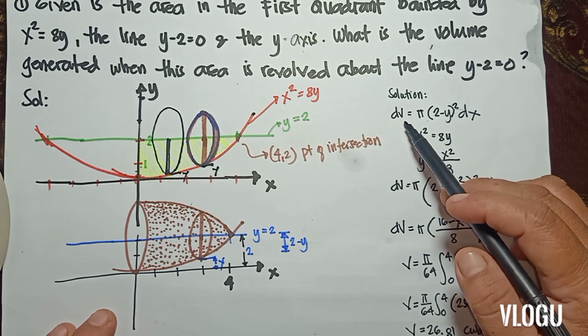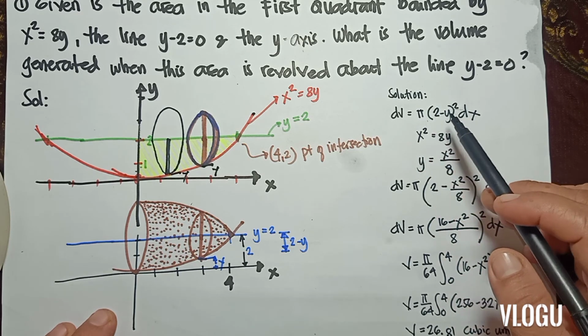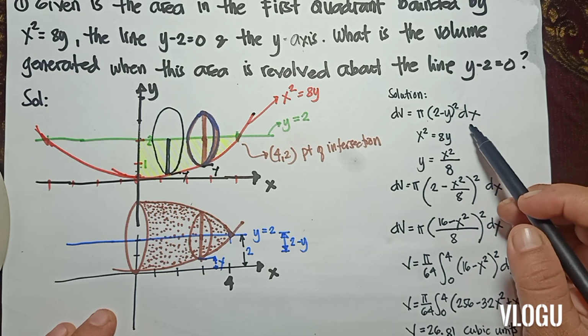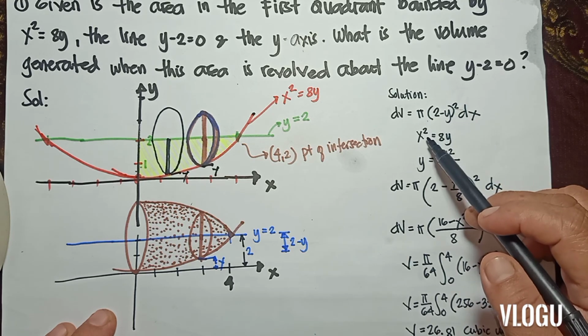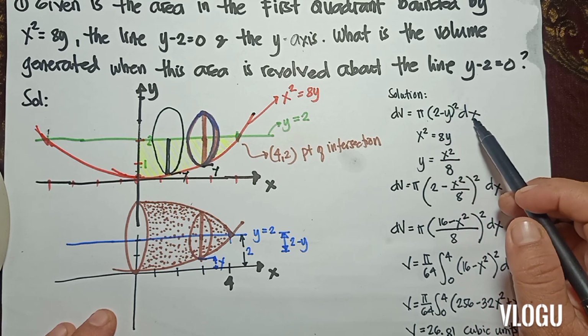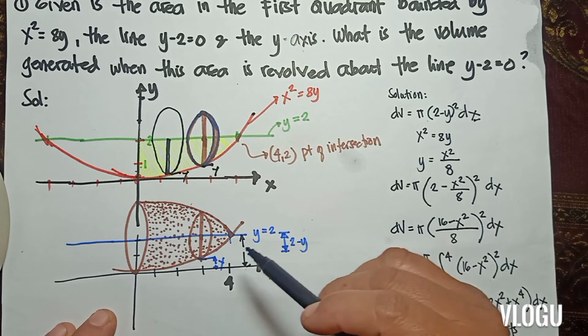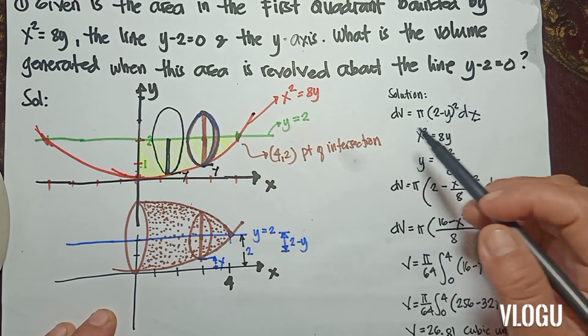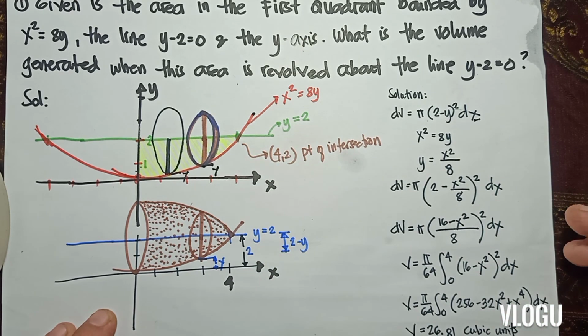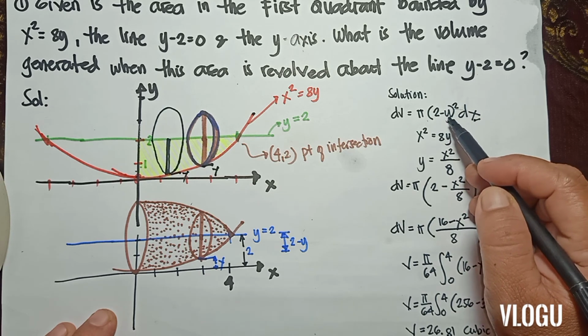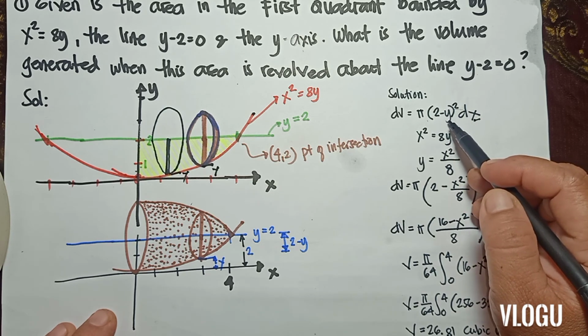So dV is equal to pi r squared dx. Wherein the variable for this one, because this is a vertical strip, that is dx. So we are going to express everything in terms of x.